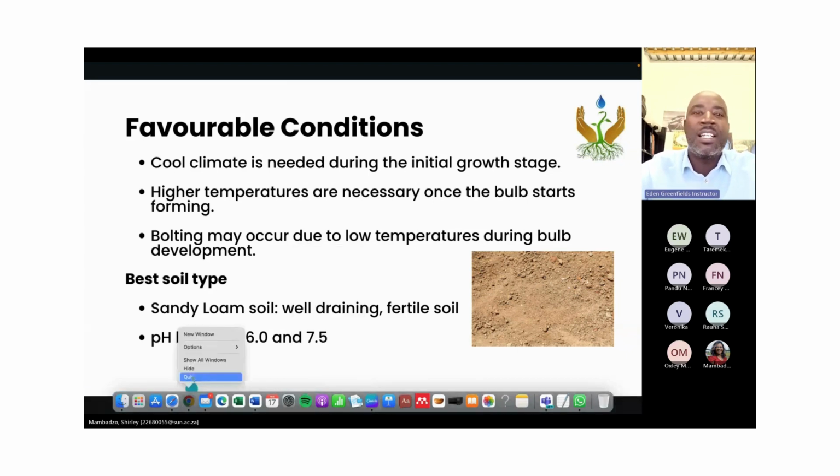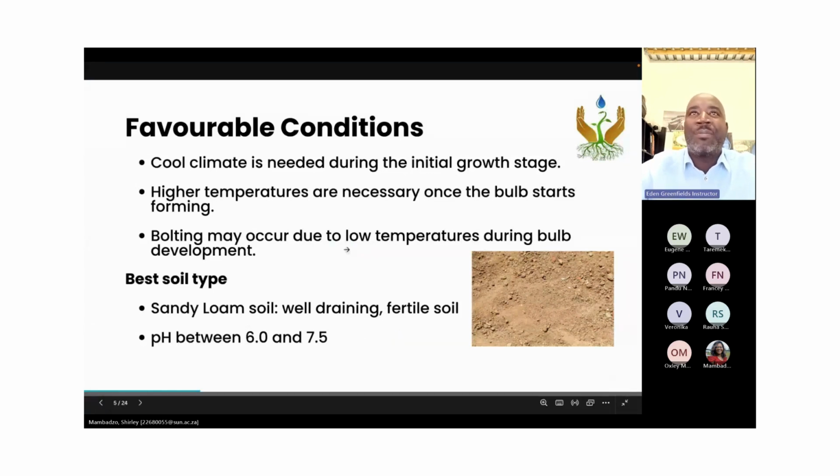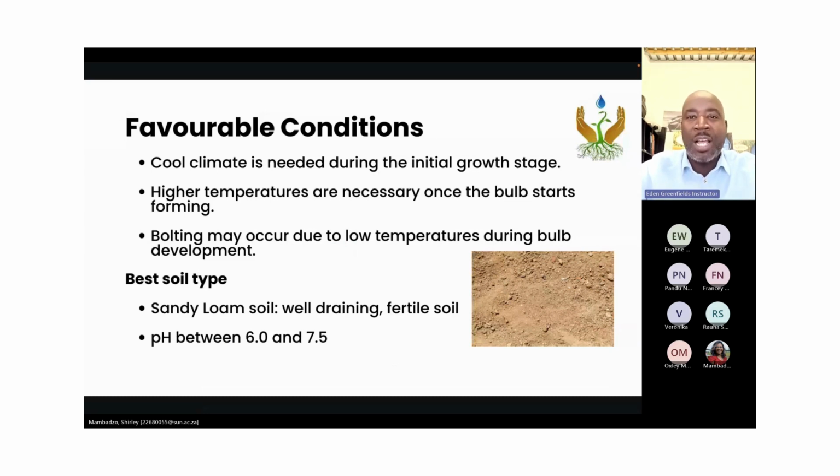So basically, when it comes to onions, they like some cool climate. They favor cool climate, especially in the initial growth stages. And as they grow, once the bulbs start forming, higher temperatures are the ones that will give you a better yield.